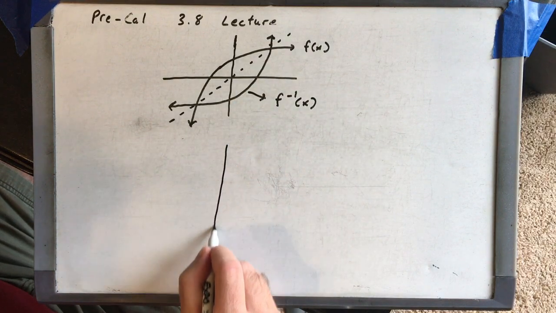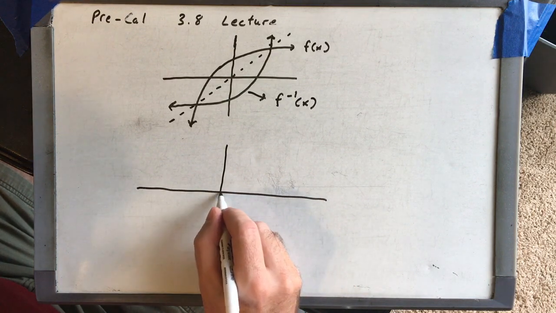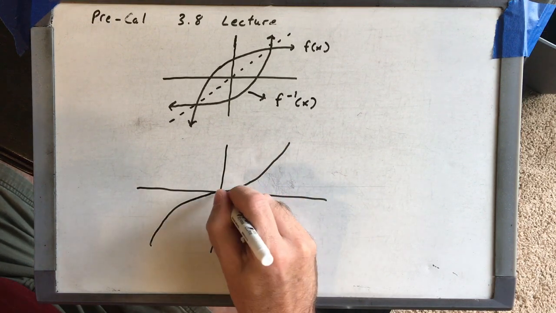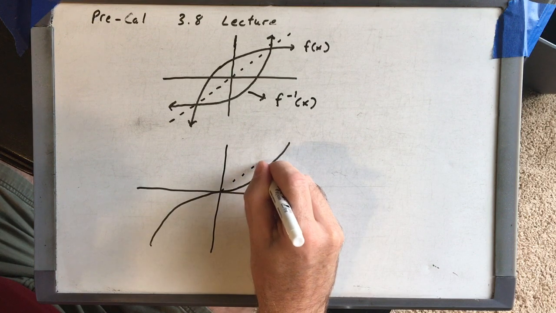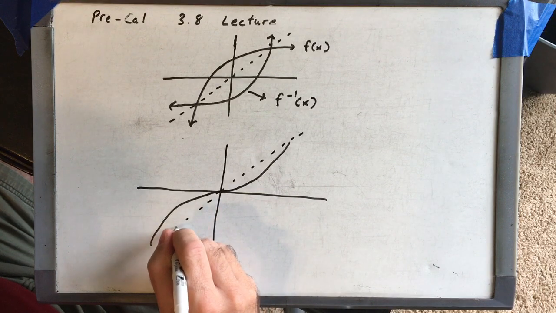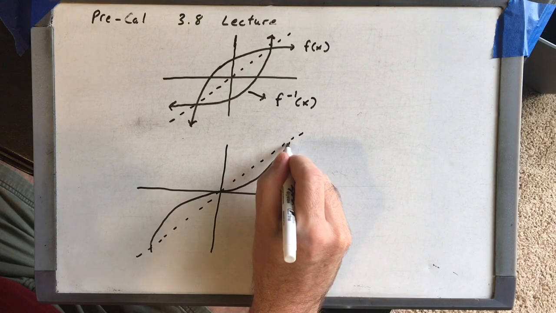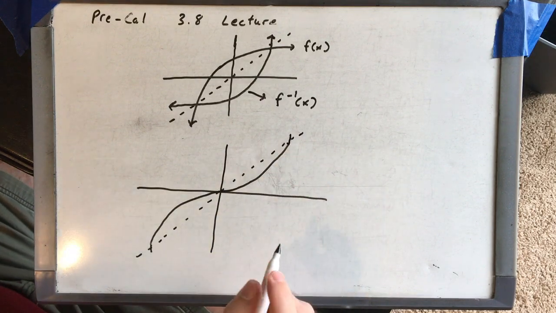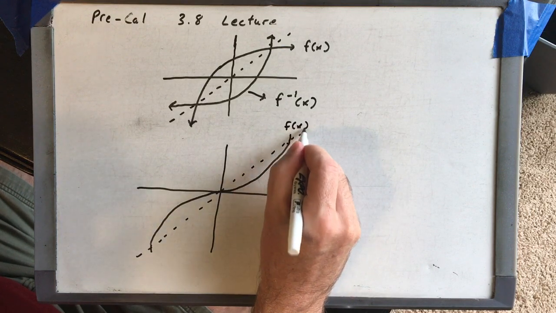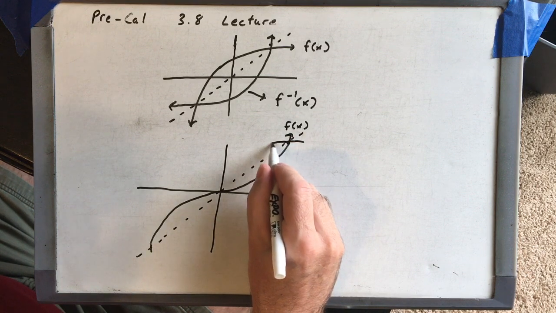Let's draw another one. Okay, let's draw one that looks kind of like the cubic function. All right, so we'll have something like that. I forgot to draw my y equals x line, so let's stick that in there. Let's say this is f of x.